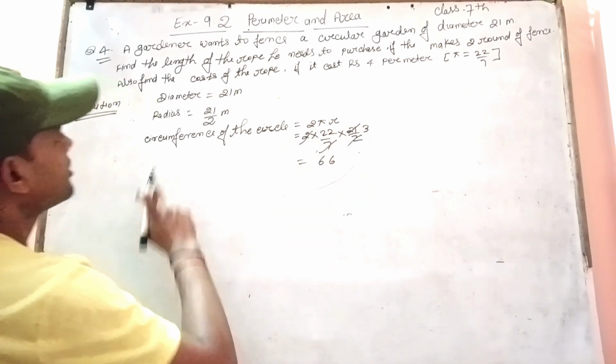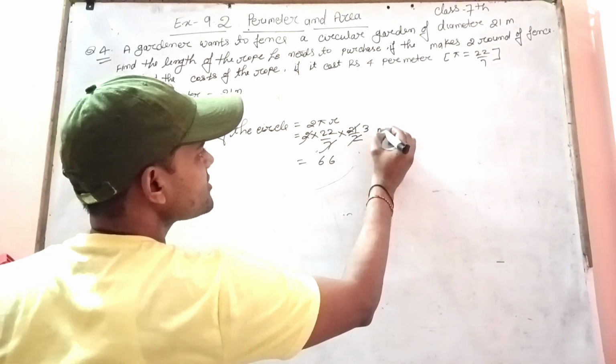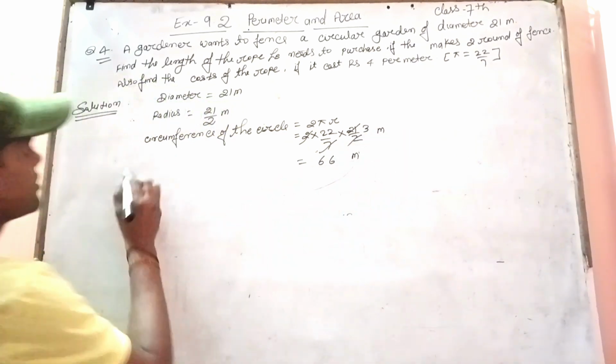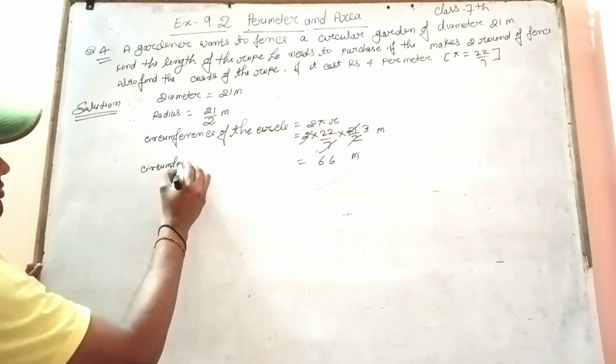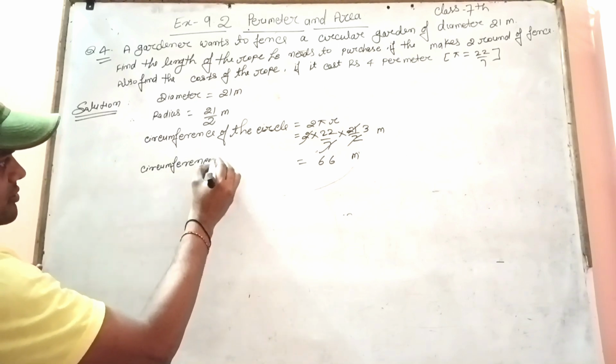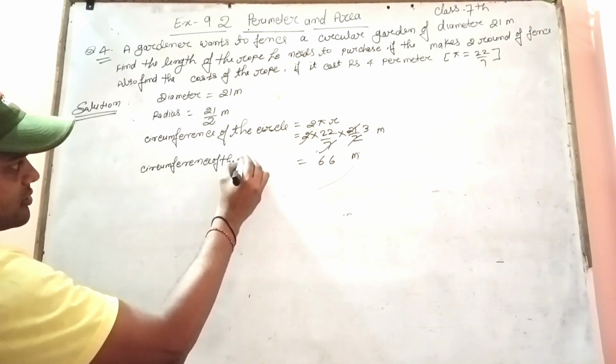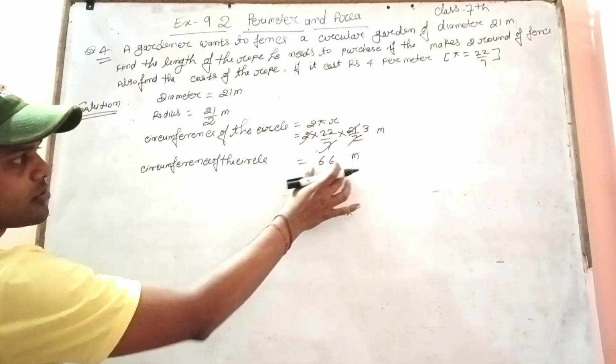Overall 66. Circumference is 66 meter. Circumference of the circle is equal to 66 meter.